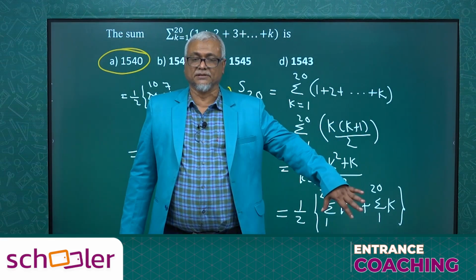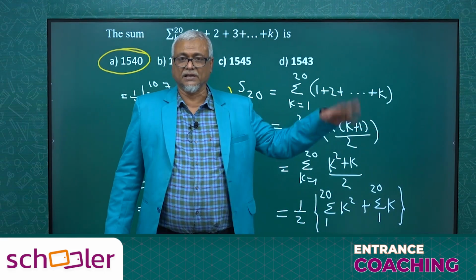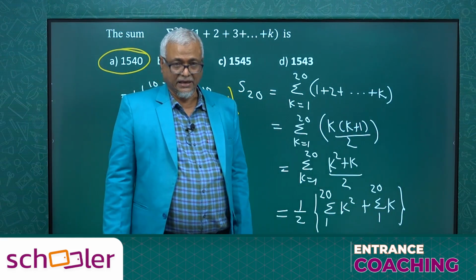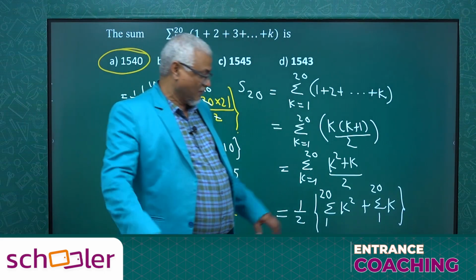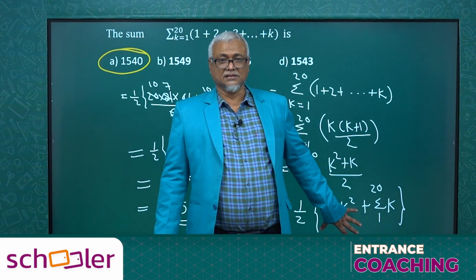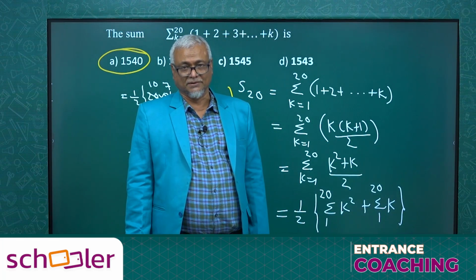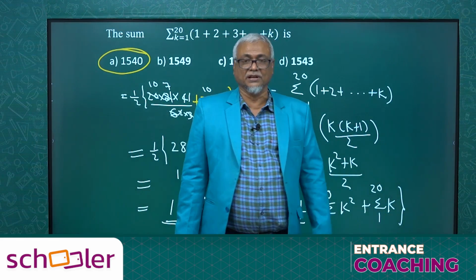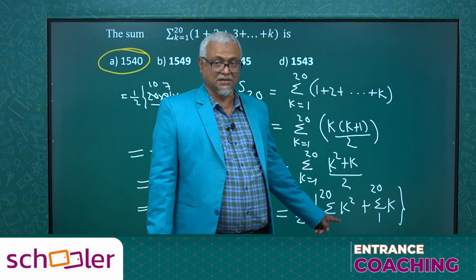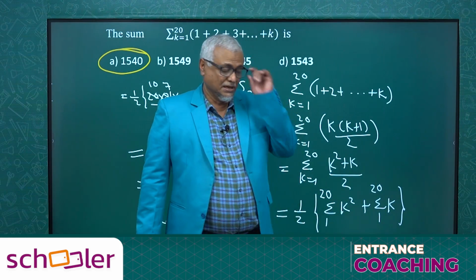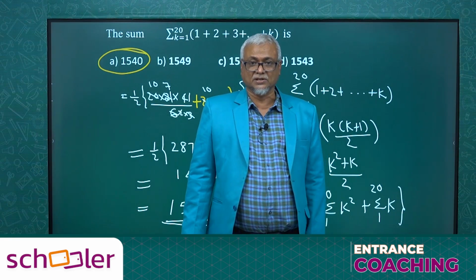We split the sigma into both terms: one is k square, the other is k. And the most important thing is, what is meant by this? This is the sum of squares of first 20 natural numbers. This is the sum of first 20 natural numbers.